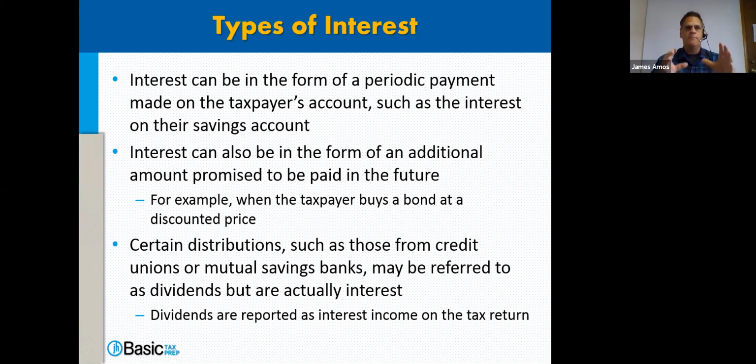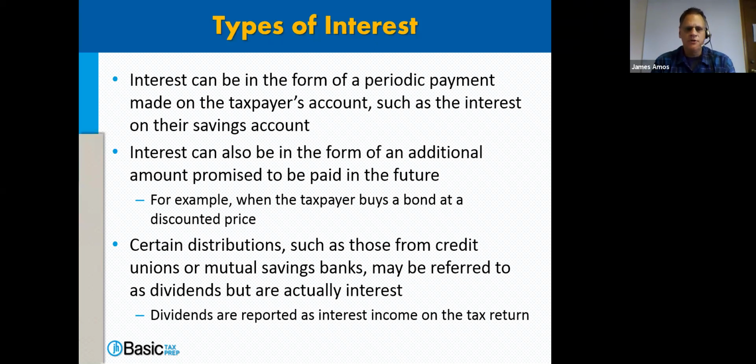You buy a bond at X number of dollars, and then the government promises, okay, you buy this bond to help us build this bridge, and we promise you that you will get X number of dollars or X percentage of increase when we buy the bond back from you. That's how those work. But that's considered interest.